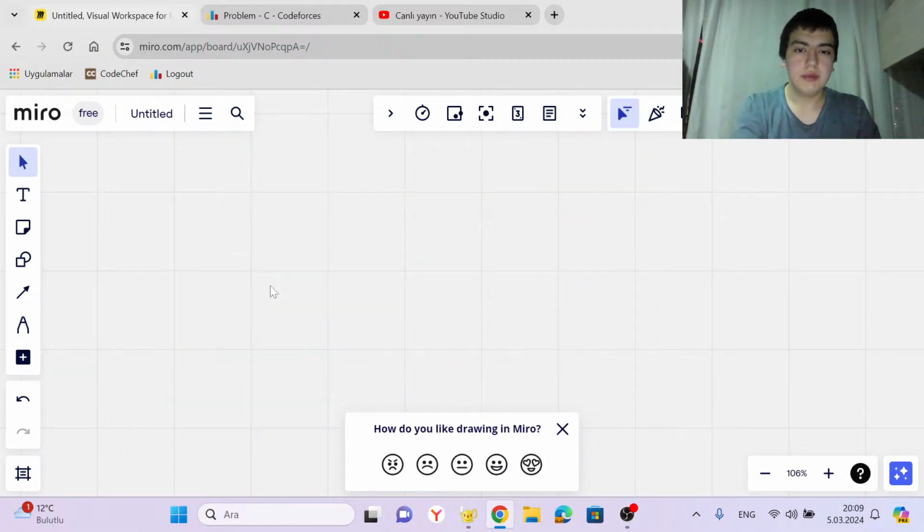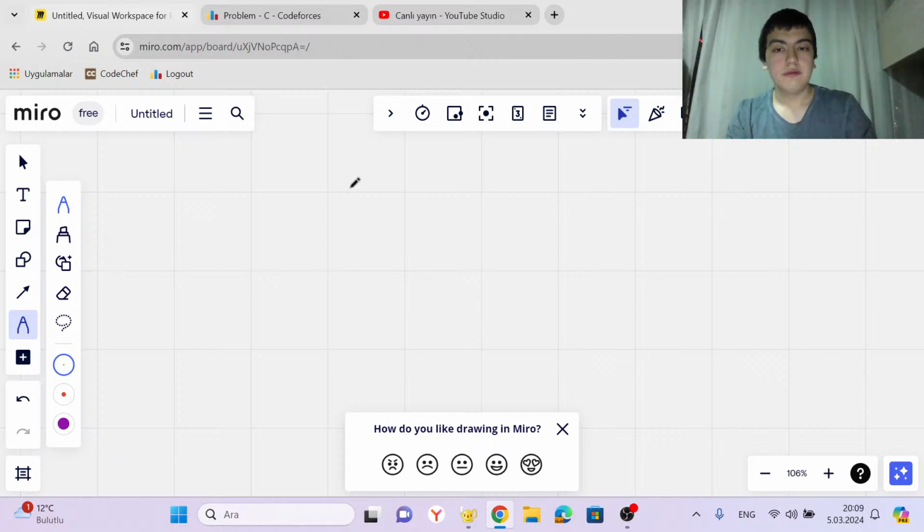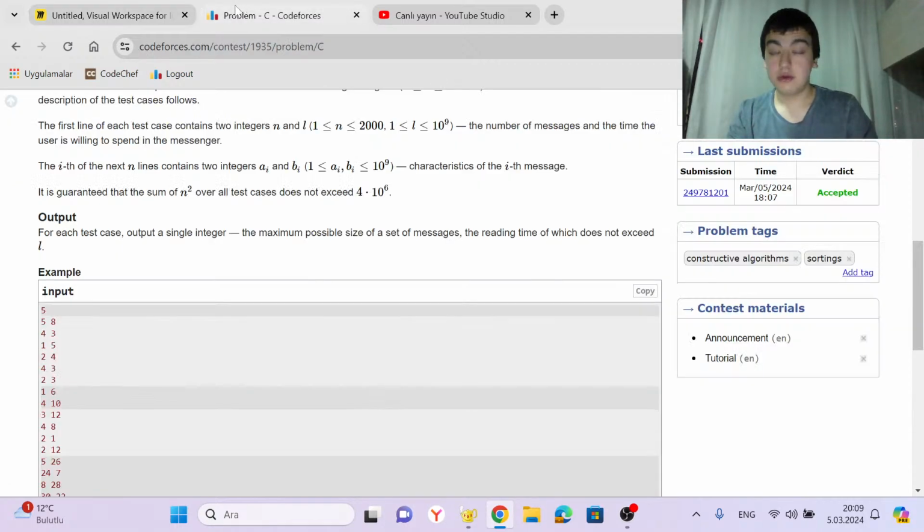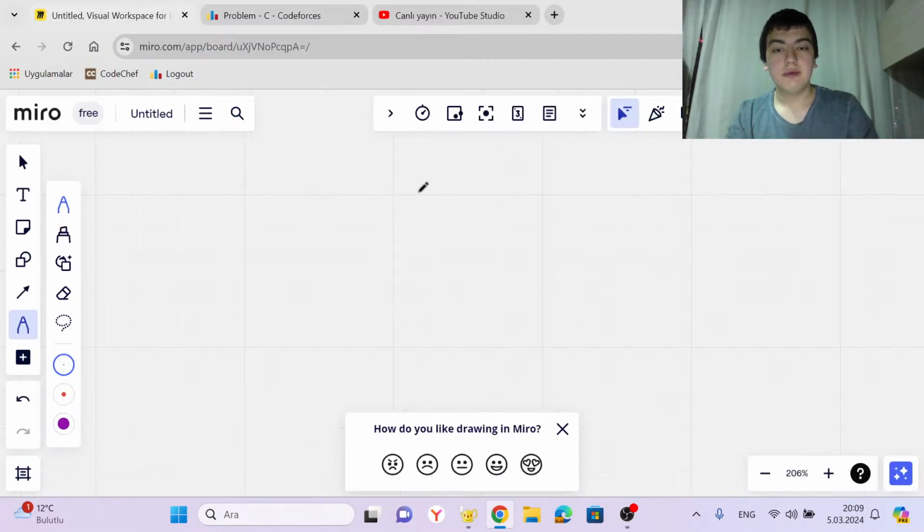So we can sort the messages by looking at their B values, because as we said, the A's are not changing from order to order. Only the B values are affected by the order.